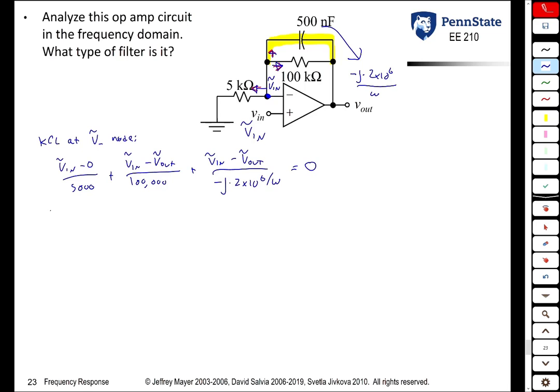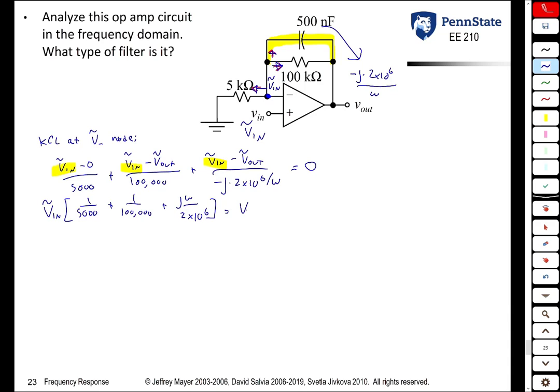So let's combine all of the terms that have Vin in them. Vin times 1 over 5,000 plus 1 over 100,000 plus j omega over 2 times 10 to the 6th. That takes care of this term and this term.